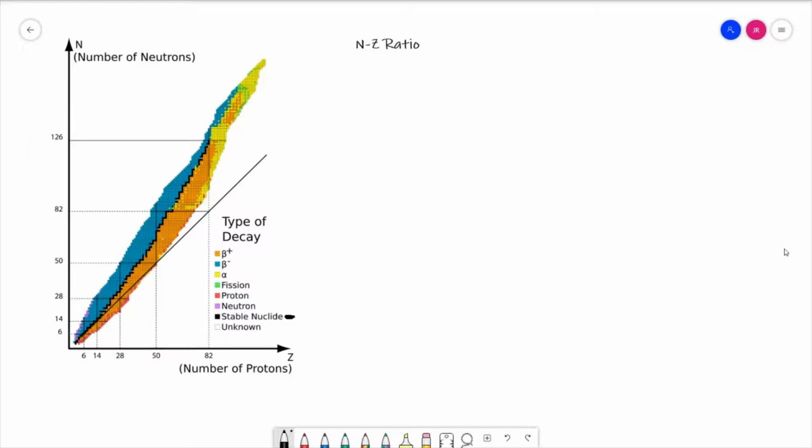Down the bottom of the graph for the smaller nuclei, we can see that the black dots are pretty much following or are only just above the N is equal to Z line. For the smaller stable nuclei, the number of neutrons and the number of protons in them are roughly the same. We can see that in some examples of stable nuclei that we already know about.